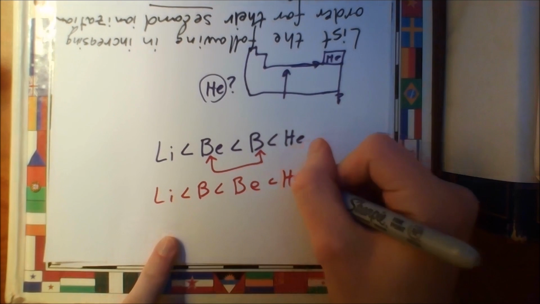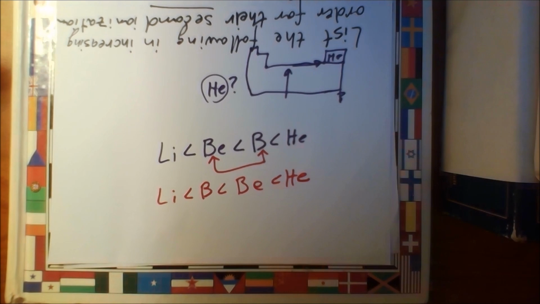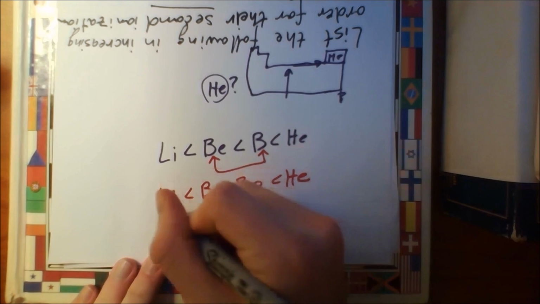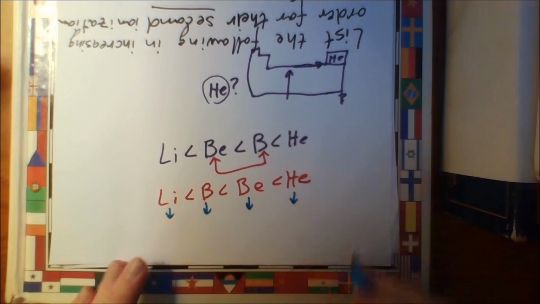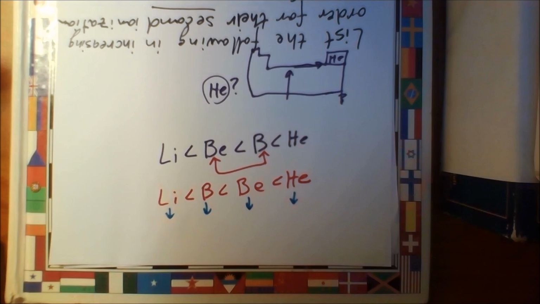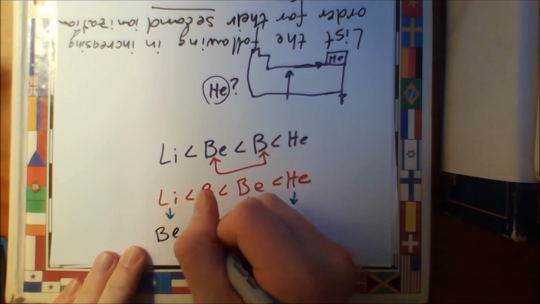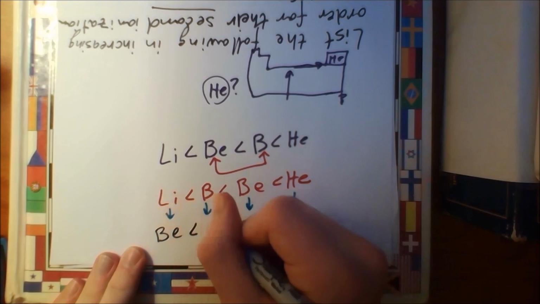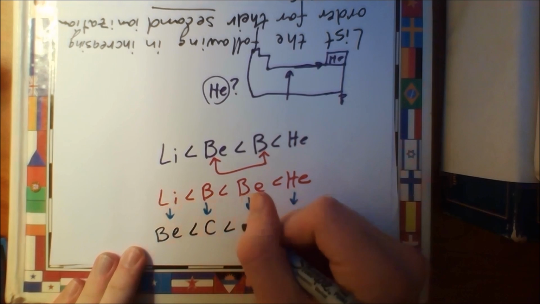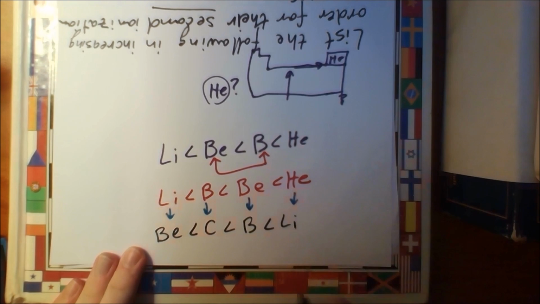And the last thing to do is go back to our original elements and remind ourselves what these came from. Remember, these are the isoelectronic elements, but we want to go back to our original elements. So lithium came from beryllium, boron came from carbon, beryllium came from boron, and helium came from lithium.